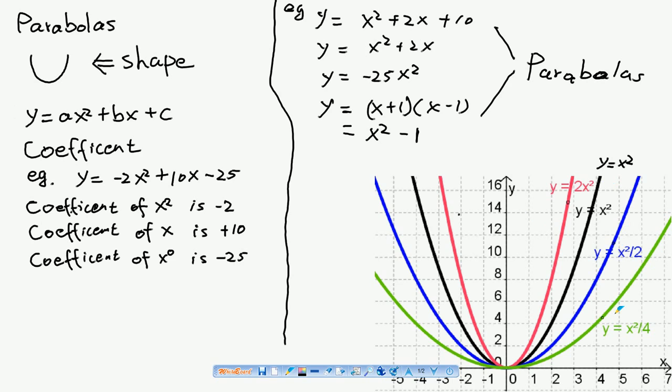Say the green one here is y equals x squared divided by 4. The coefficient in this case is 1/4, which is less than 1, so it's wider. This is something you have to know and remember. Just remember the shape of parabolas in your exam.